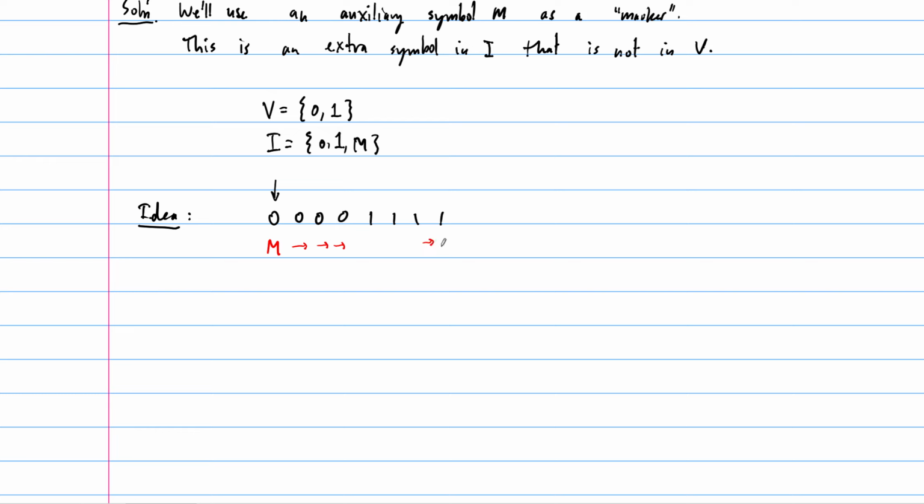It writes this one as an M as long as it's a 1, and then goes back over here, reads this one, makes sure this is a 0, and if it is, makes it an M. Then it goes back over here and reads this symbol, and as long as this one's a 1, that's going to be an M.